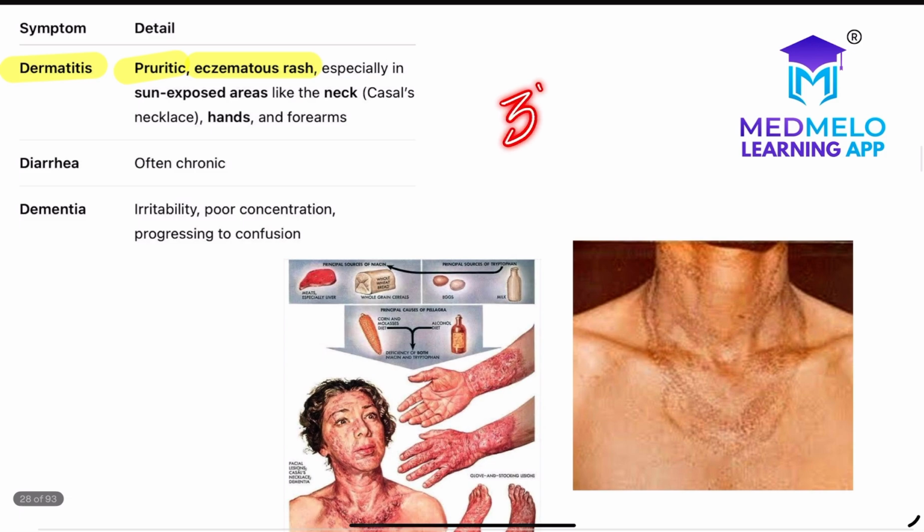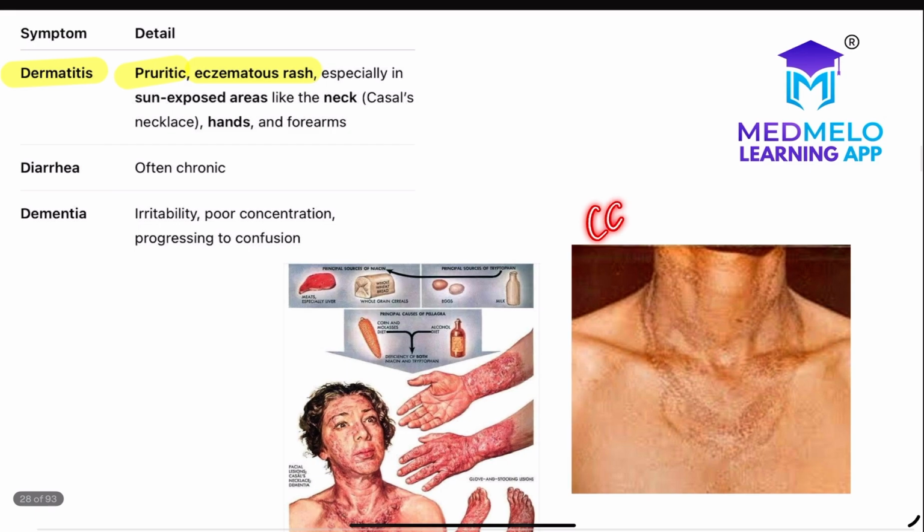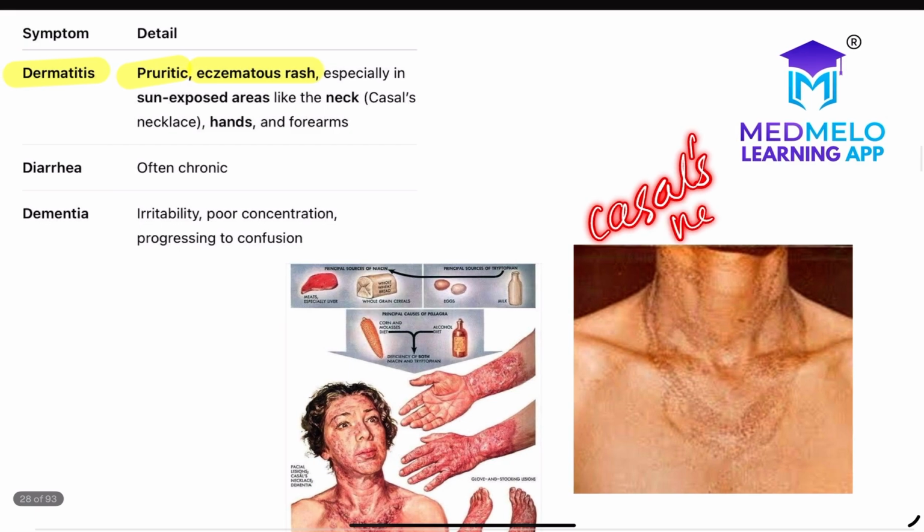There are 3 Ds in the symptoms of vitamin B3, that is niacin. First one is the dermatitis. That is the pruritic eczematous rash in the sun exposed areas, especially in the neck, and that is called the Casal's necklace.